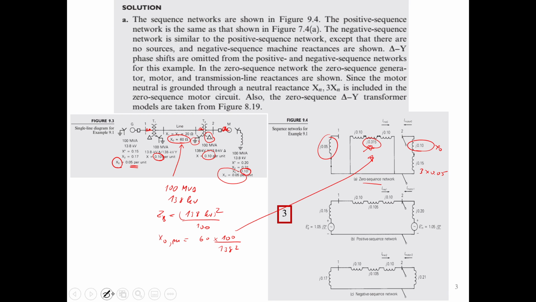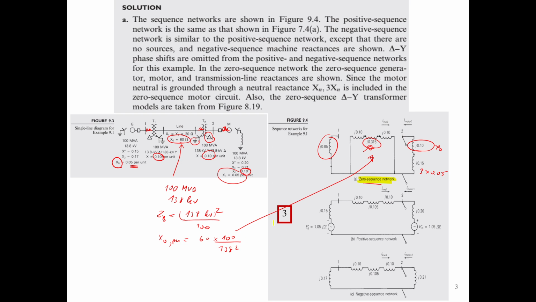So the most problematic part of analyzing the sequence network is to deal with this zero sequence. If you still cannot remember, or you still cannot visualize this circuit, I would recommend you to check the last slides of the previous lecture. Now you will see that we have the delta.